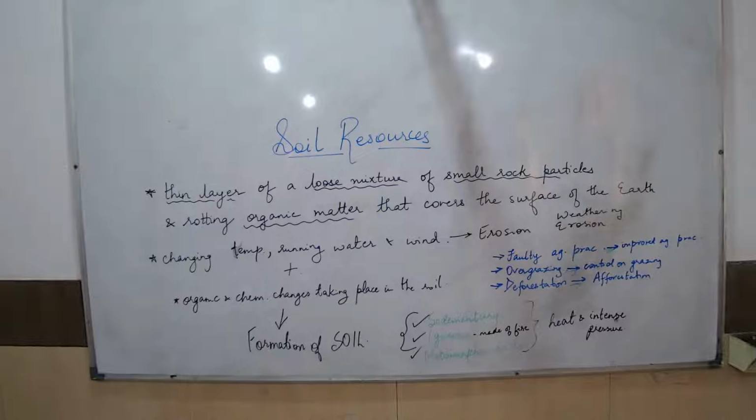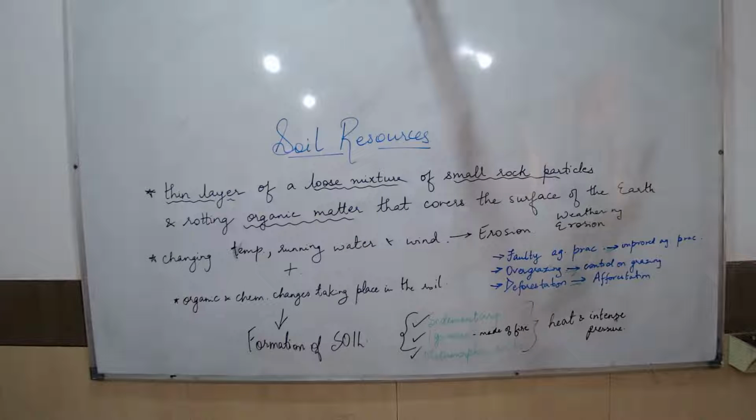Decomposed vegetal and animal remains are called humus. Vegetal means plants, decomposed parts of plants. And animal remains called humus is an important constituent of soil and adds to the fertility of the soil. Besides humus, silica and sand are the other constituents of soil.